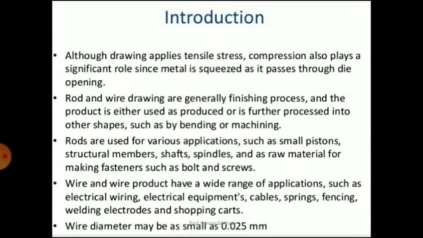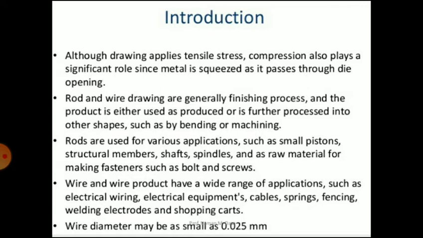Rod and wire drawing are generally finishing processes, and the product is either used as produced or further processed into other shapes, such as by bending or machining. Rods are used for applications such as small pistons, structural members, shafts, spindles, and as raw material for making fasteners such as bolts and screws.